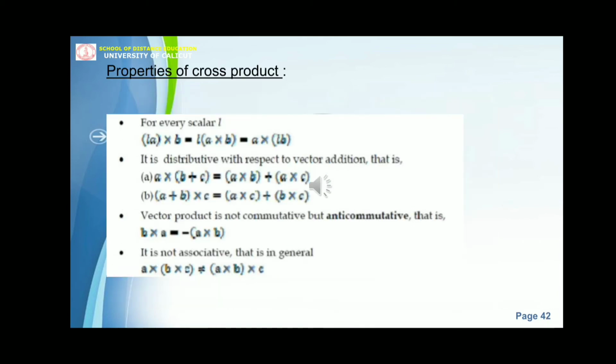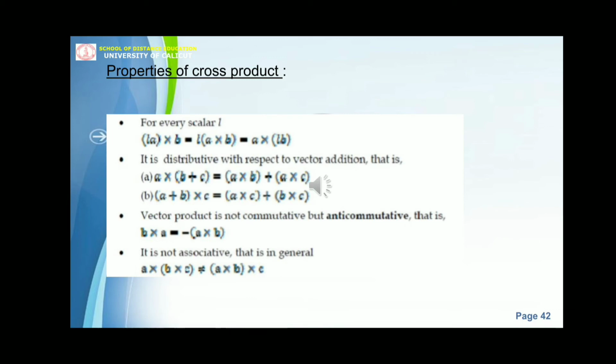So let us now look through the properties of cross product. First property, for any scalar L, LA cross B is equal to L into A cross B equal to A cross LB. Second property, the cross product is distributive with respect to vector addition.